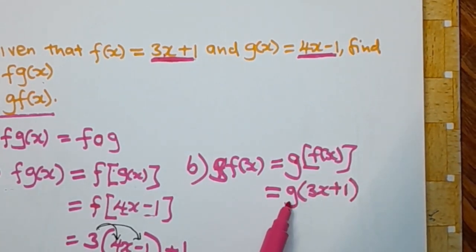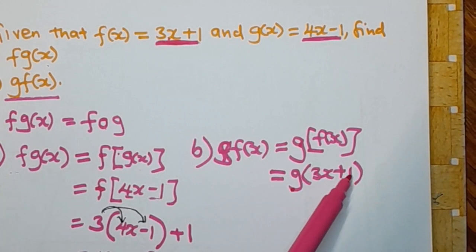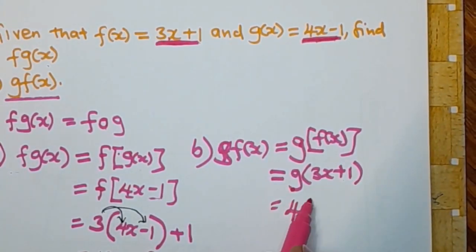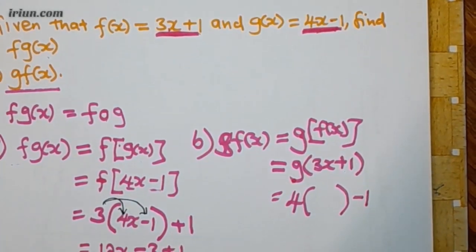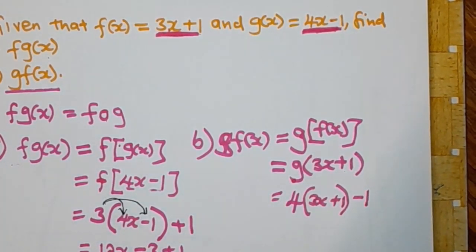Okay. Now, when we reach this stage, it means that in the function g, wherever there's x, we are supposed to replace it with 3x plus 1. So the function g is this one, which is 4. So I'm going to write 4, open brackets, then there's a minus 1 here. Here there's x, so you put 3x plus 1.